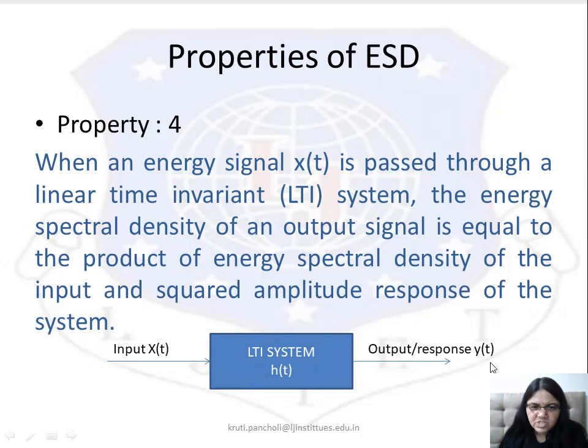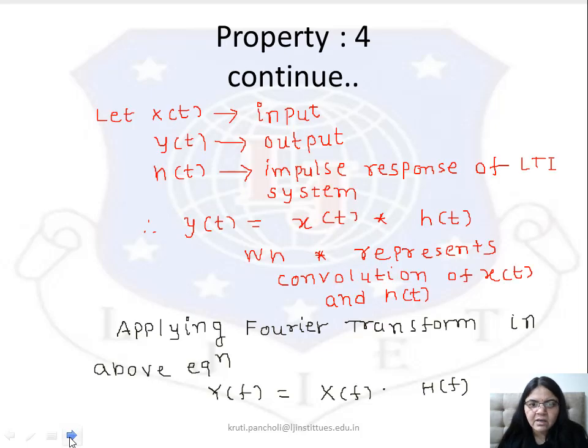So what is my y(t)? You know that when signals are in the time domain, we take the convolution of the two signals. So y(t) is equal to the input signal x(t) convolved with h(t). Here x(t) is the input, y(t) is the output, and h(t) is the impulse response of the LTI system.